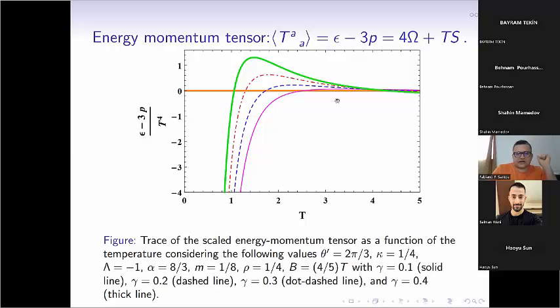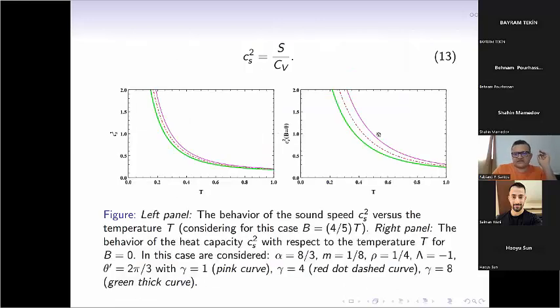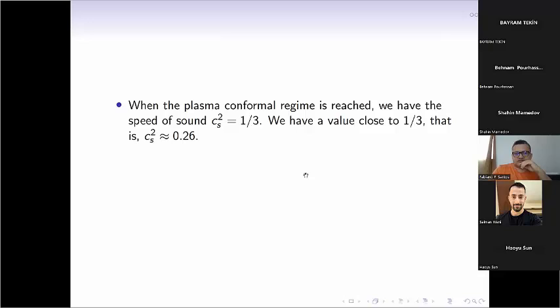Okay, and we see that the speed of sound has a nontrivial value, right? Because the trivial value here is only for the conformal fluid, and for the conformal fluid plasma this happens when the Horndeski couplings are zero or very, very small, right? Because when we increase the strength of these parameters, we have nontrivial values for the transport coefficients.